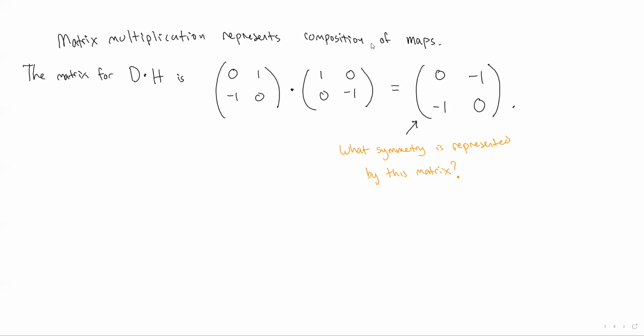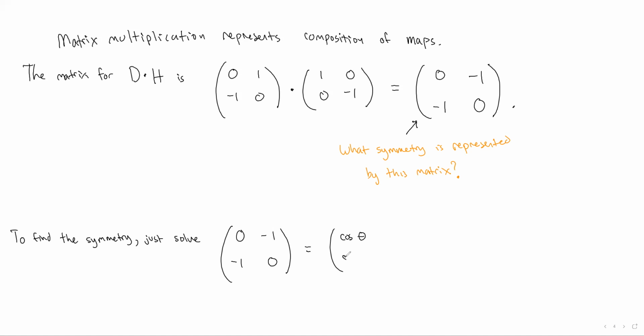Okay, if not, then you can just solve to find the symmetry. Just solve (0, -1, -1, 0) equals cos theta, sine theta, plus or minus sine theta, minus or plus cos theta.